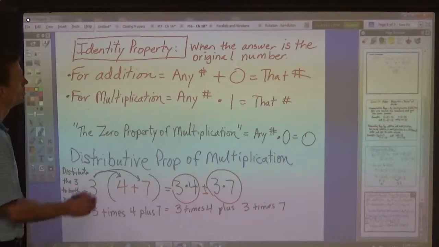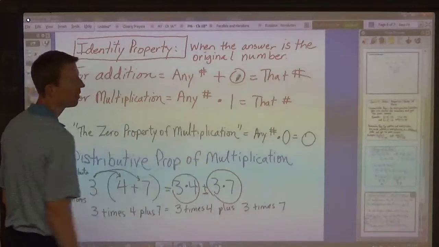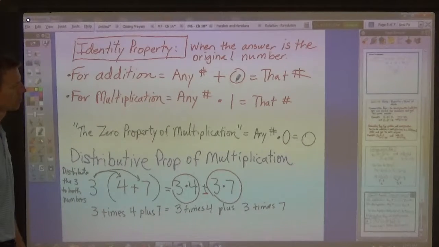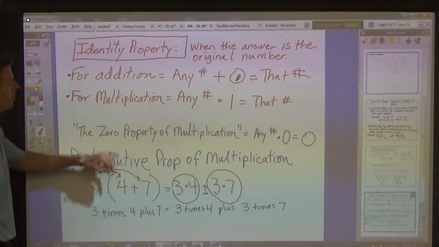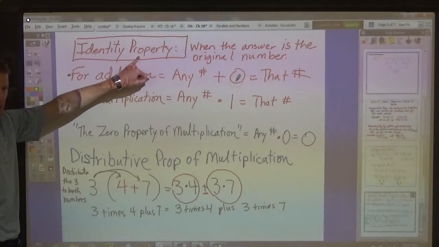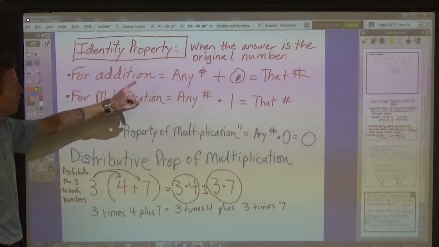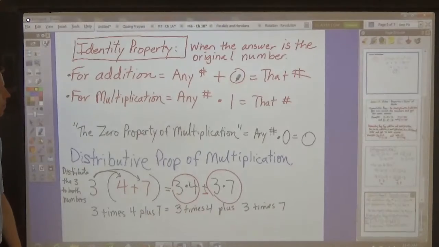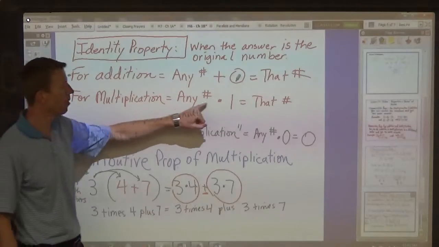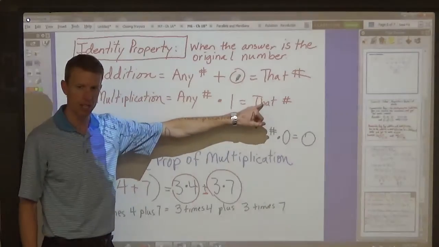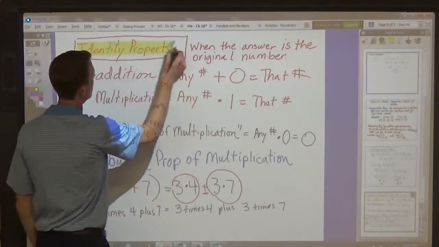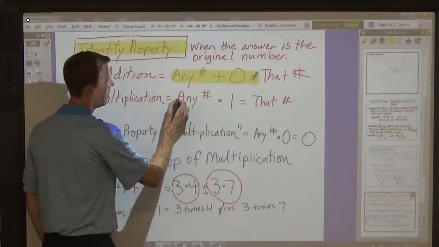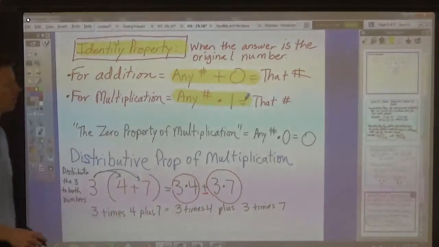So for addition, when you add 0, you get the original number. I would write down identity property: any number plus 0 equals that number, and any number times 1 equals that number.